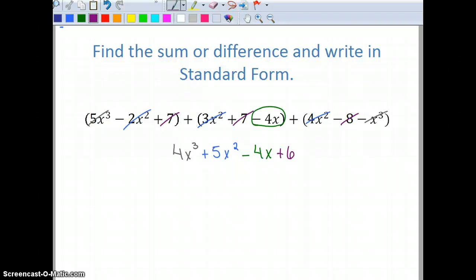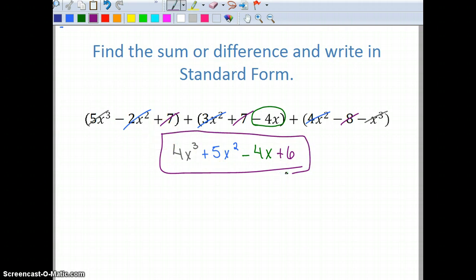Okay, so when I combine all of these, my simplified form is 4x cubed plus 5x squared minus 4x plus 6. I also want to make sure that you can list the degree, classify it by degree, the number of terms, those kinds of things as well. And that's it.